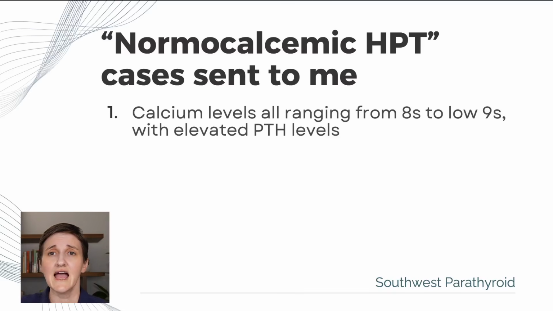So the lab might call a lot of these levels normal, but most people are not in the high 8s to low 9s. Most people want to be in the mid to high 9s. This case is classic secondary hyperparathyroidism, and you treat it by trying to get the calcium up to the mid to high 9s, and once you do that, the PTH level responds and goes back down. So this is probably one of the most common scenarios I get for normocalcemic hyperparathyroidism.